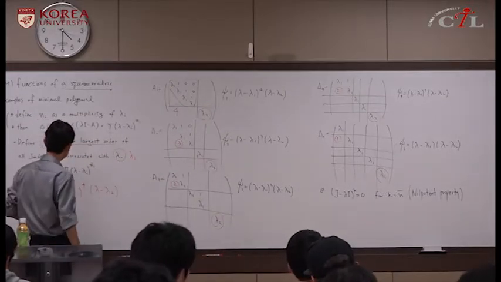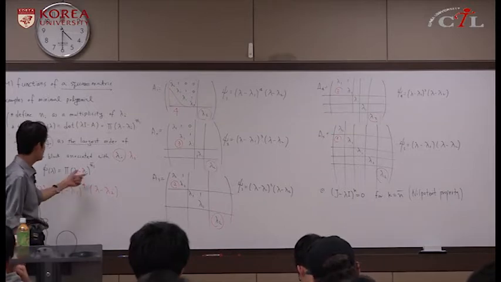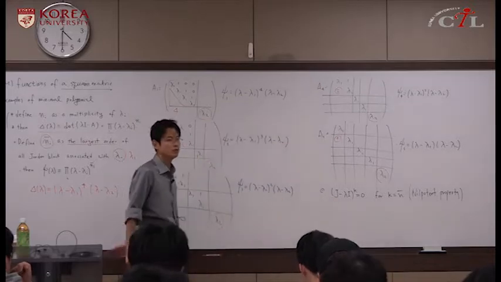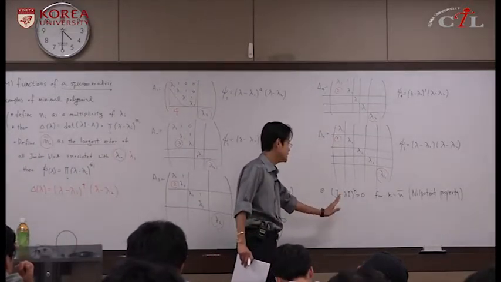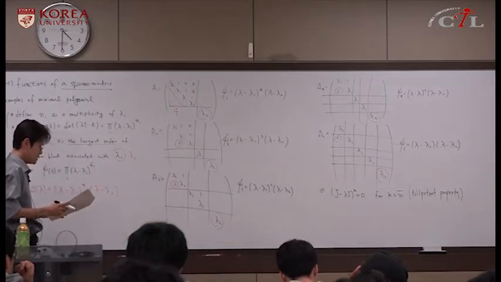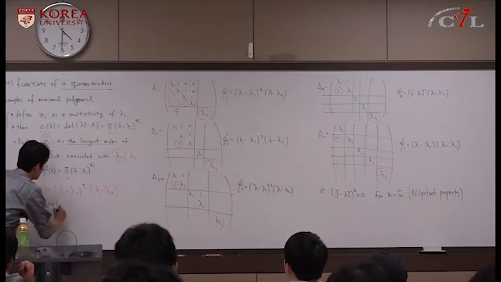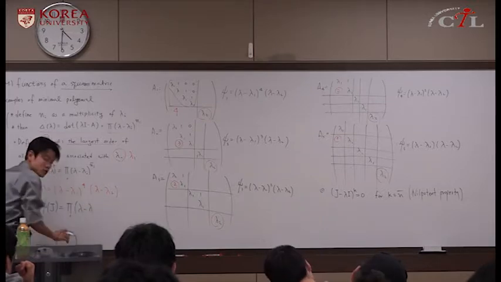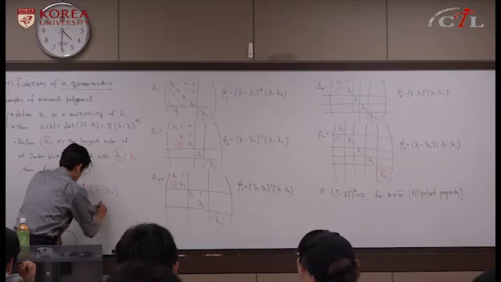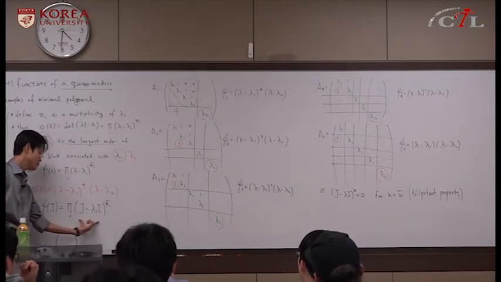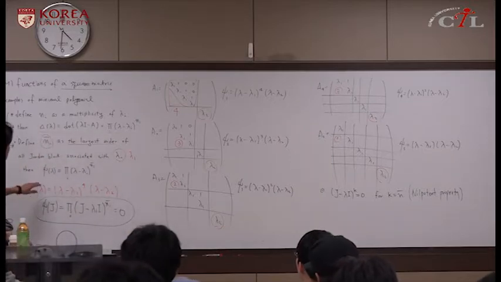So its minimal polynomial will go to nothing, because here, for one of the components, if we put J instead of this lambda, because of J's special form, the nilpotent property is satisfied, and this will turn out to be nothing. So we can find the minimal polynomial in this way.